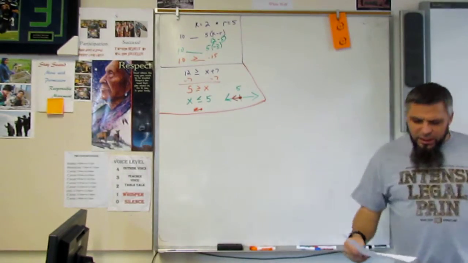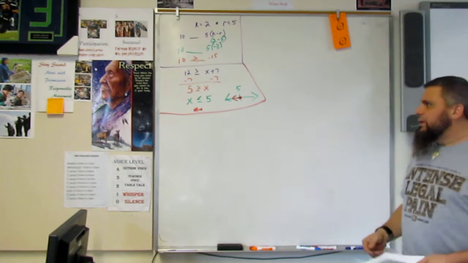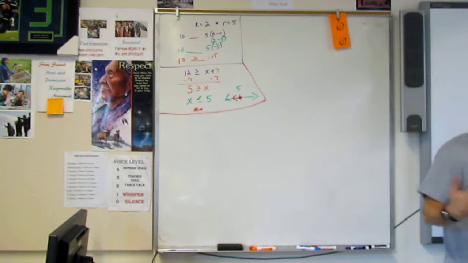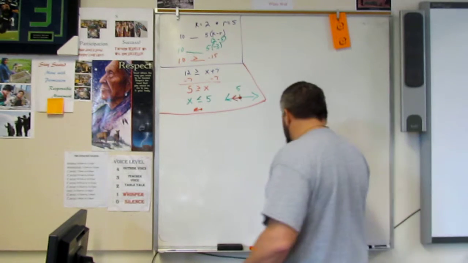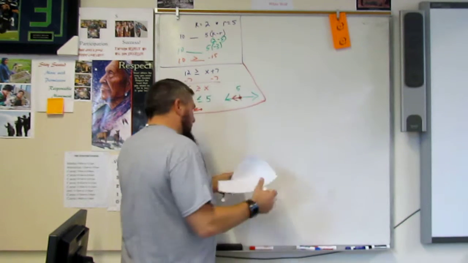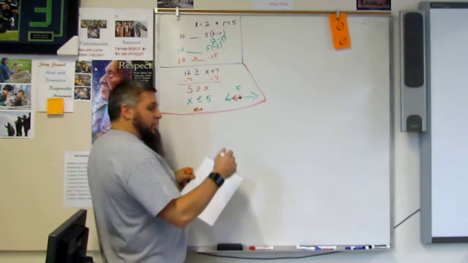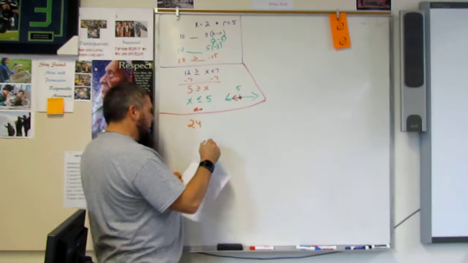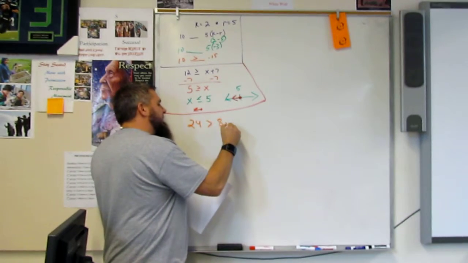Now, number 4. That's a little bit different than this one, so who knows? I might get stuck on it. So I'm going to put that one in the cheat sheet also. Number 4 says that I have 24 is greater than 8b.